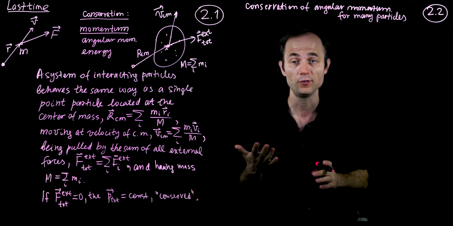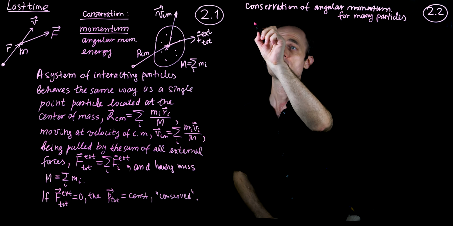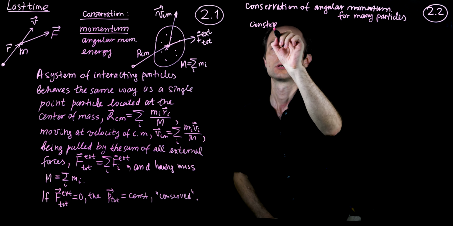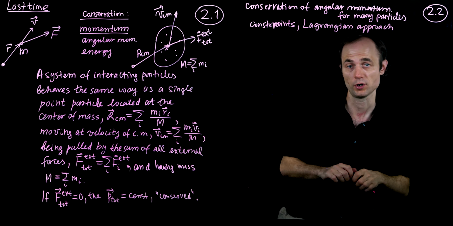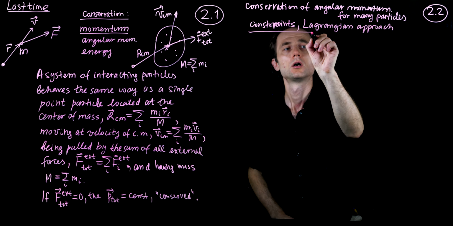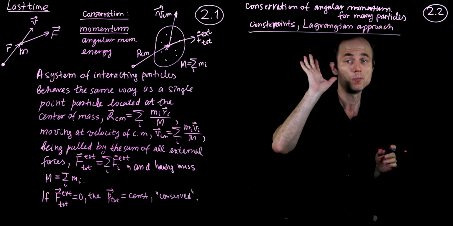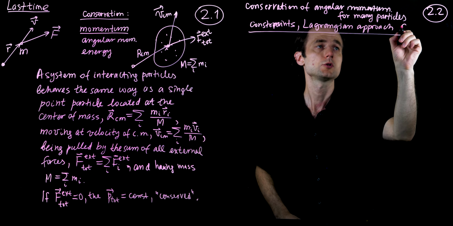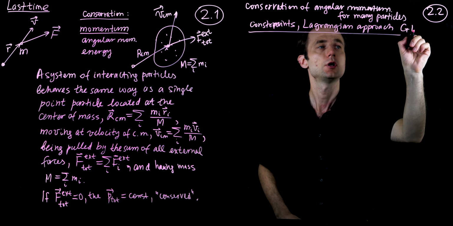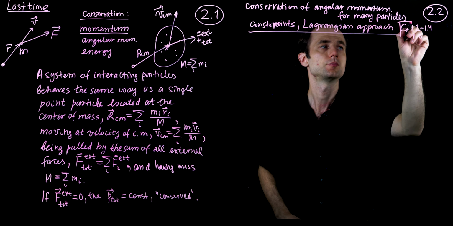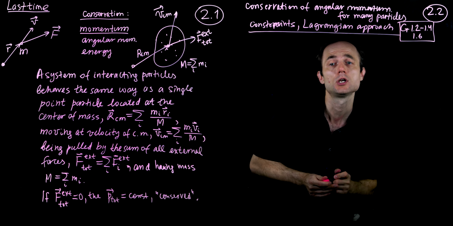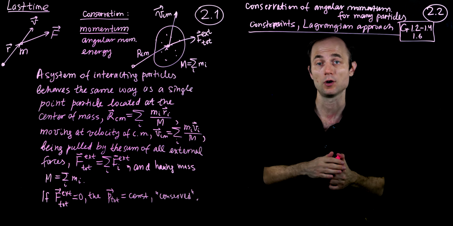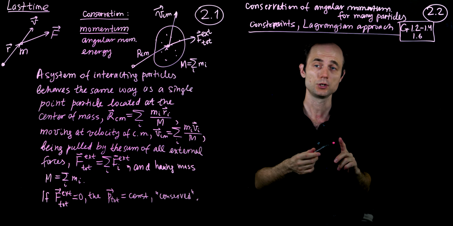And then we will finish off with the discussion of constraints and the Lagrangian approach. You can read up more on this in Goldstein chapters 1.2, 1.4, and 1.6. And as usual, if you have any questions, you can always ask them during the office hours. So let's get to it.